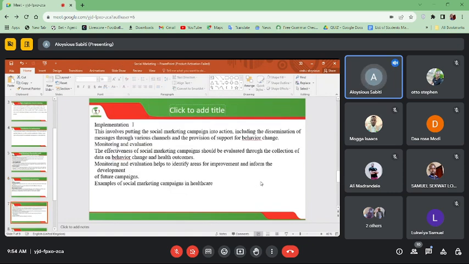So, the fifth is implementation. And you realize that this involves putting the social marketing campaign into action, including the dissemination of messages through various channels and the provision of support for behavior change.